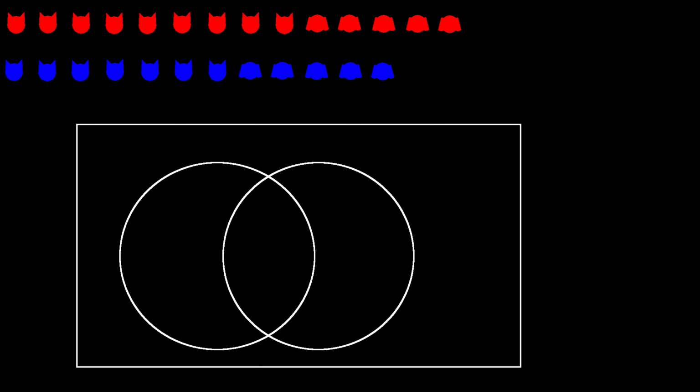And so, in this rectangle, we will make two circles. Here's another issue that commonly comes up. When people see this, a lot of times they say, okay, we'll put male here, we'll put female here. And people tend to do this because they use Venn diagrams in things like English class to compare and contrast. Like, what do males have in common with females? What is just a male trait? What's a female trait?